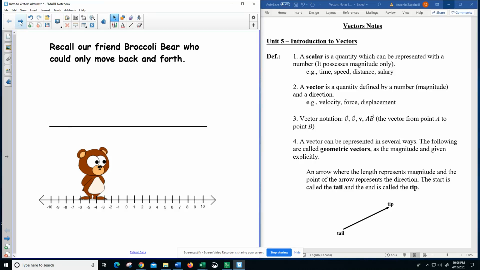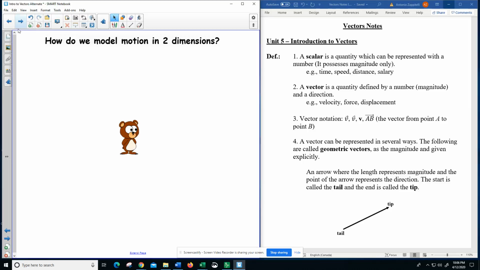But if Broccoli Bear suddenly leaves his lair and is now able to move in 2 directions, in 2 dimensions, well, now positive and negative, we're going to see, is not enough to describe something for which we require a direction, because 2 meters per second in that direction is different than 2 meters per second in this direction or that direction. In fact, there's infinitely many directions Broccoli Bear could take, so positive and negative doesn't do the trick.